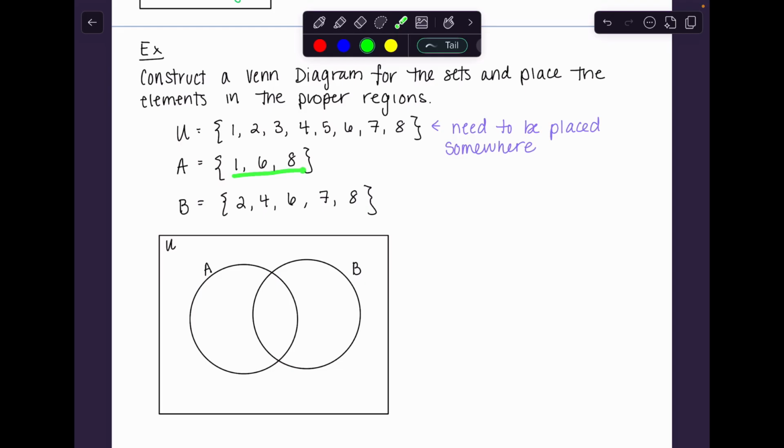The numbers 1, 6, and 8 belong to A, so they better get placed somewhere inside of A's circle. And likewise, these numbers better get placed somewhere inside B's circle.